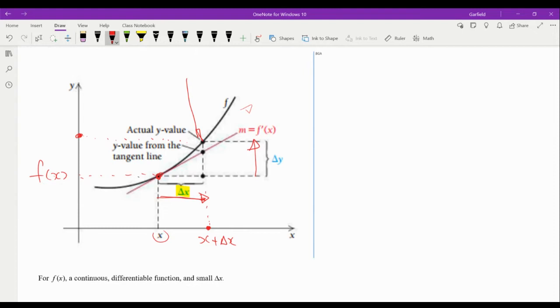How do we find y value in a function? Come on, how do we find y value in a function?